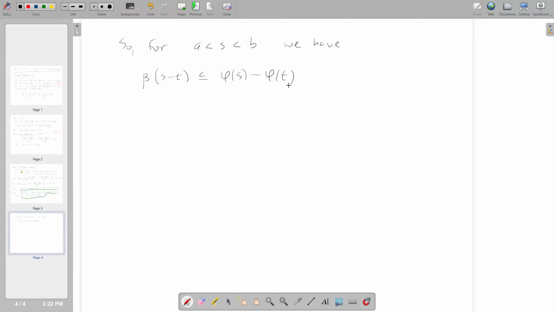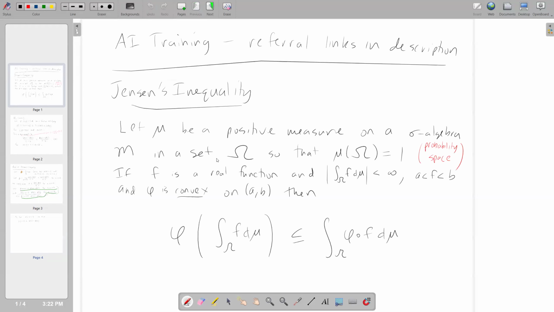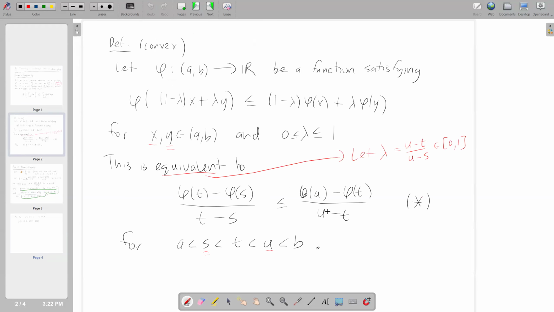Now I didn't prove this, by the way, but if you stare at this definition for a while, I think you can convince yourself that this function has to be continuous.